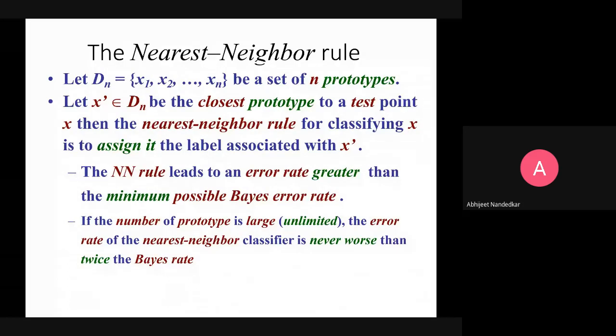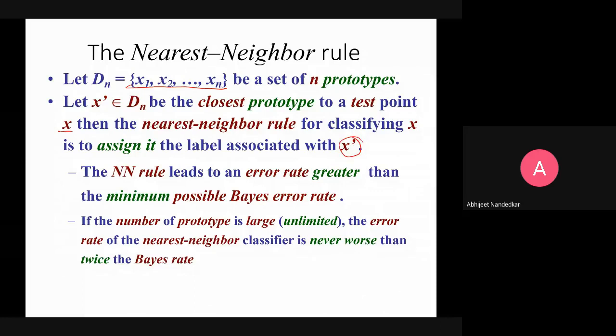So let Dn equal to x1, x2 up to xn be a set of n prototypes. These are prototypes of different classes. Then let x dash be the closest prototype to a test point x. Then the nearest neighbor rule for classifying x is to assign the label associated with x dash.